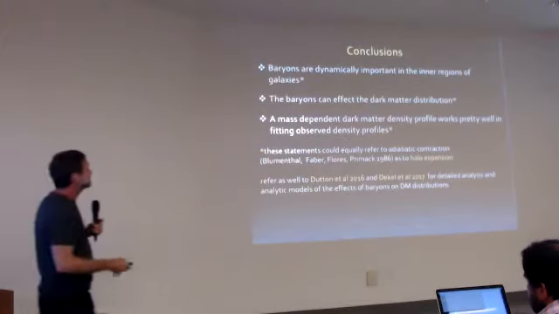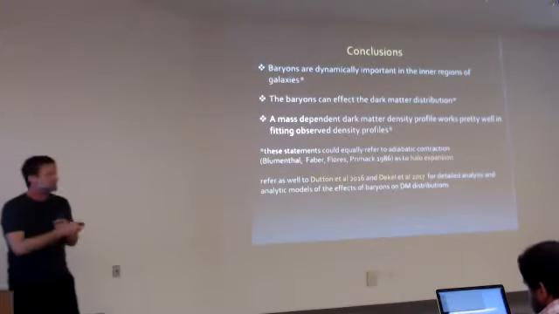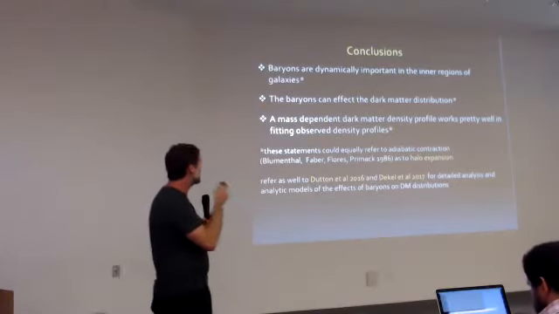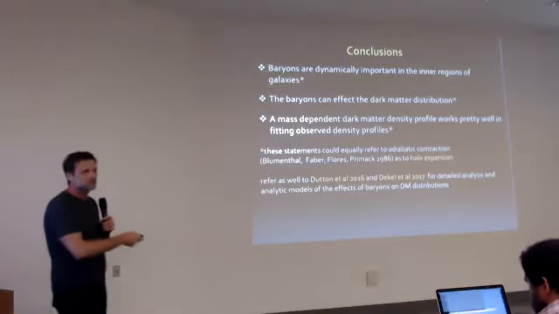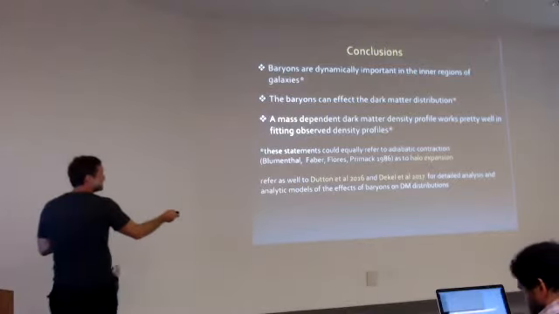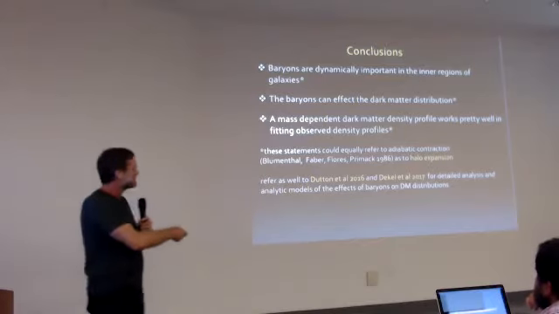So my conclusions are, baryons are dynamically important in the inner regions of galaxies. Baryons can affect the dark matter distribution, and a mass-dependent dark matter density profile works pretty well in fitting observed density profiles. And I just note that these statements could equally refer to adiabatic contraction, so it's nice to mention that while we're here.